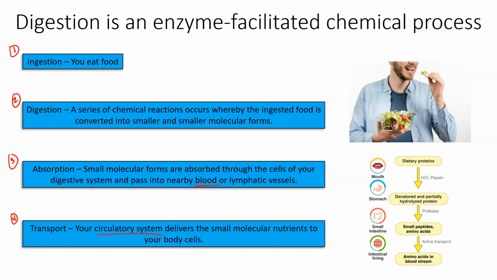That's how we nourish the body cells that make up us as a multicellular organism. Individual cells that make up individual tissues cannot consume food on their own. It requires the digestion, absorption, and transport of that nutrition to individual body cells throughout the body.